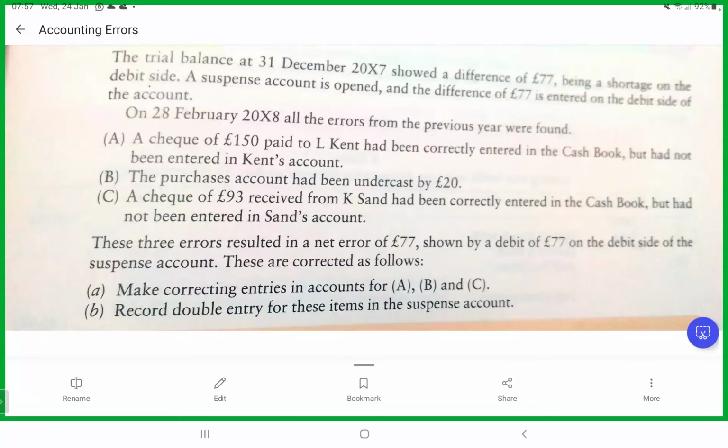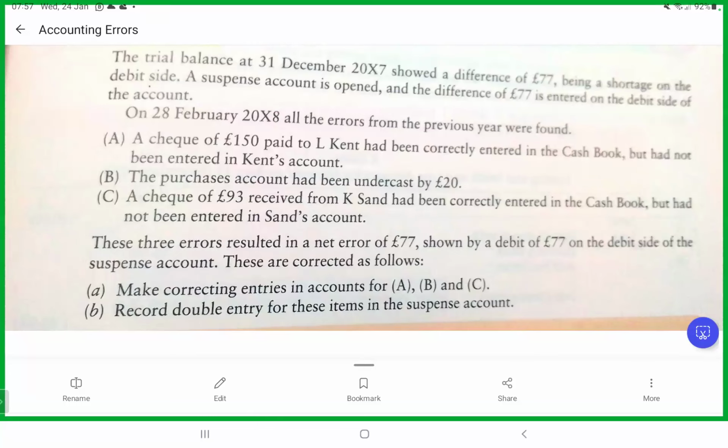We just know that this transaction was entered in the cash book. In the cash book, we just record all the cash transactions from different accounts, right?